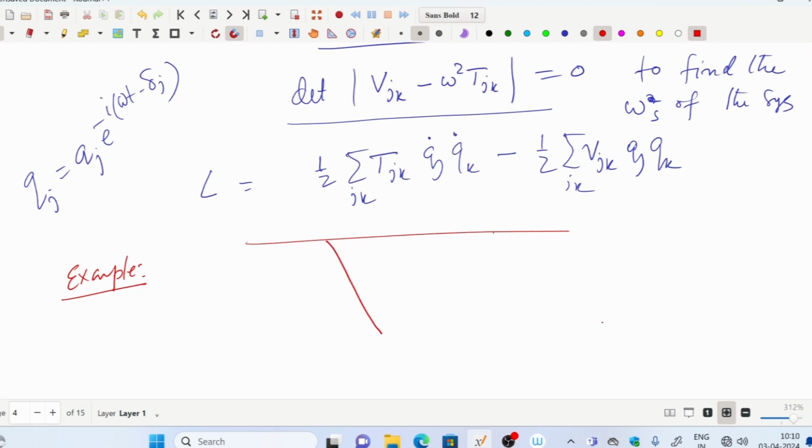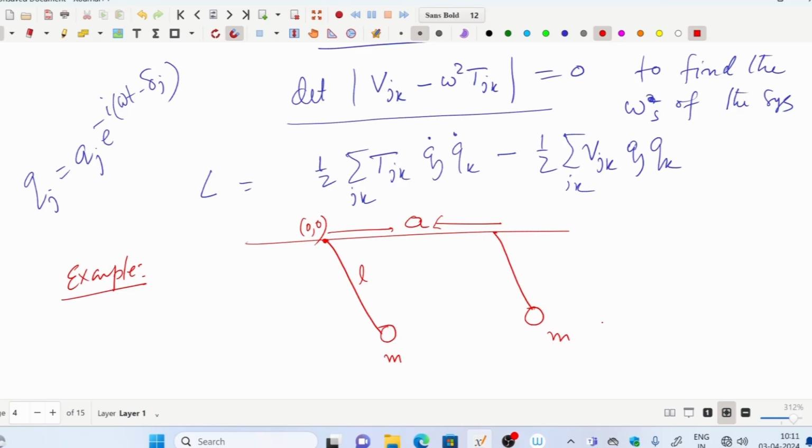connected by a spring. So this is pendulum 1, this is pendulum 2, and let us say this has length L, mass m, and this also has mass m. This is the rest length between these two, and the distance between the points of support is a. Let us consider this point as origin.